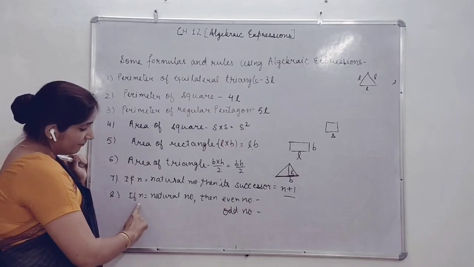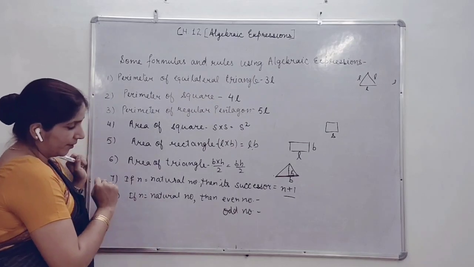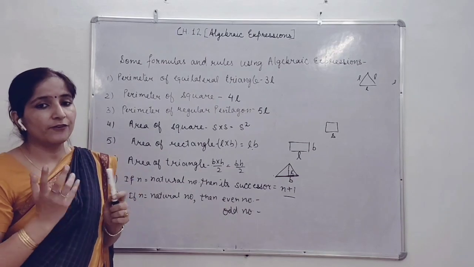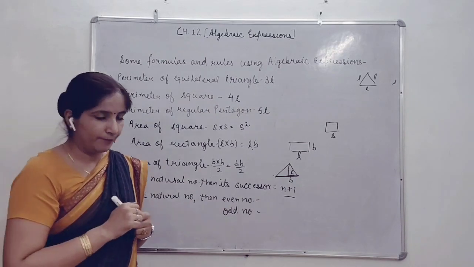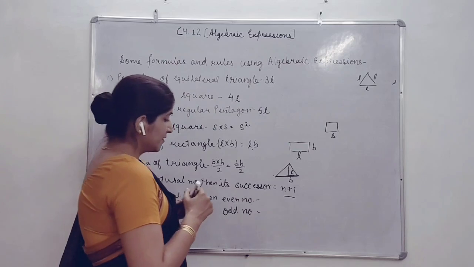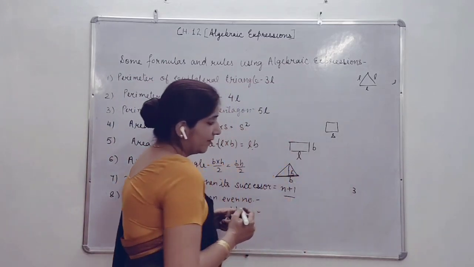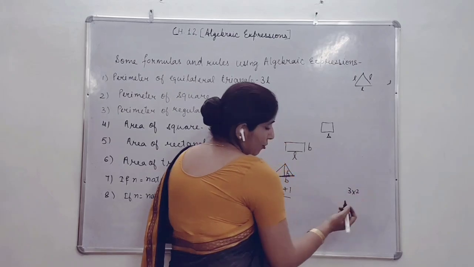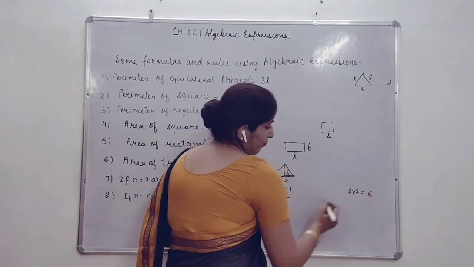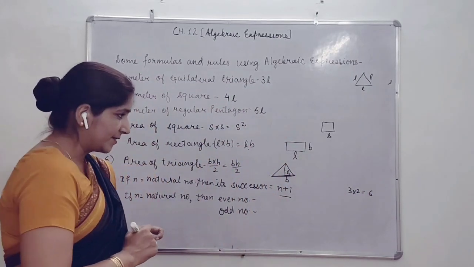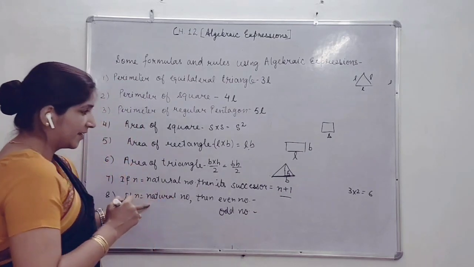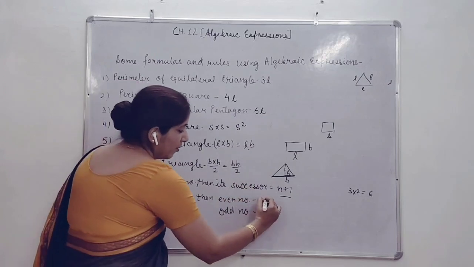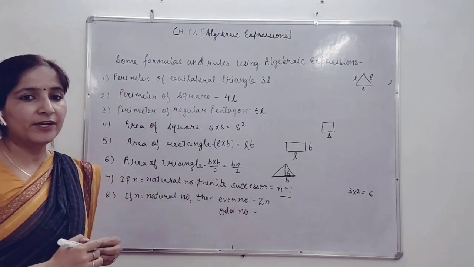Now next is, if n is a natural number, then how can you write any even number? Just think of any natural number, suppose 3. Okay, so 3 is a natural number. So 3 is not even. To make it even, what can we do? If we multiply it with 2, for sure it will become an even number. 3 into 2 is always 6. So we can write, if n is a natural number, then if we multiply it with 2, then it will always become an even number.